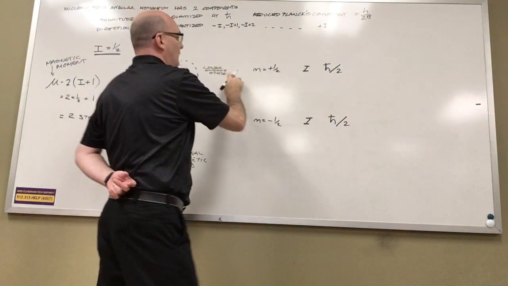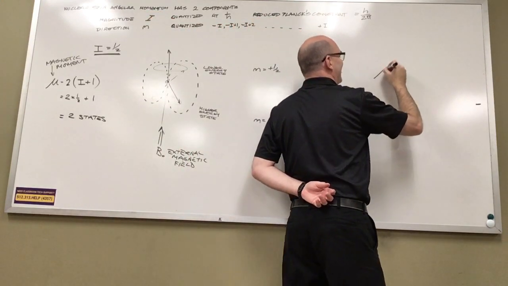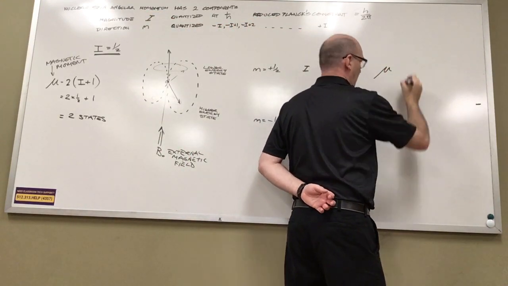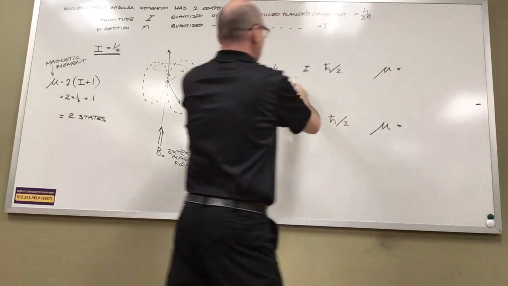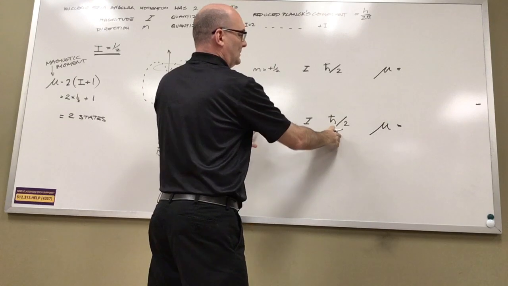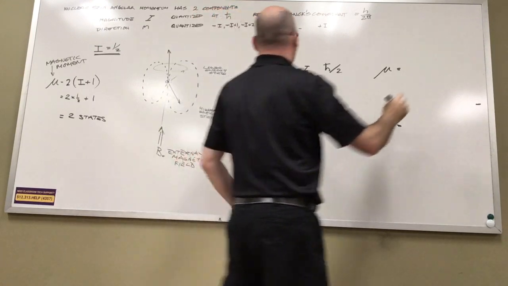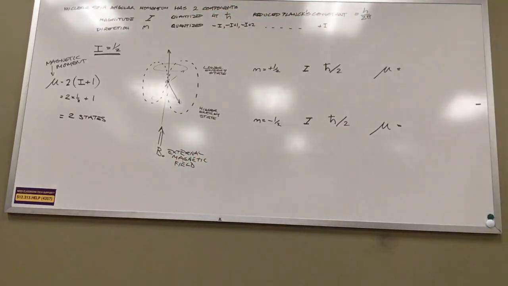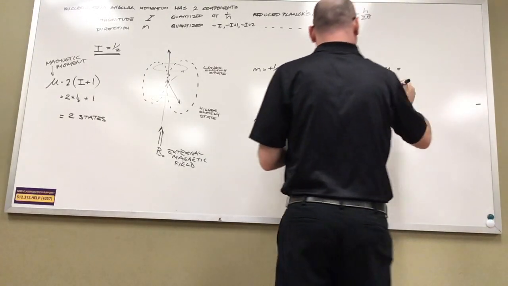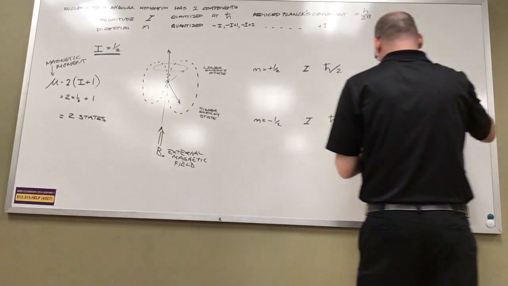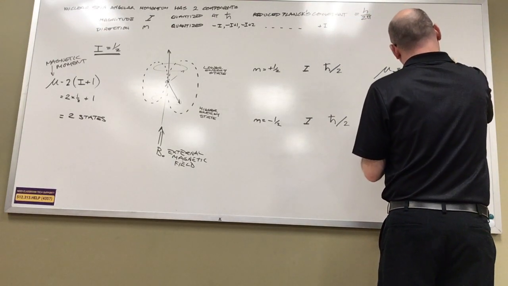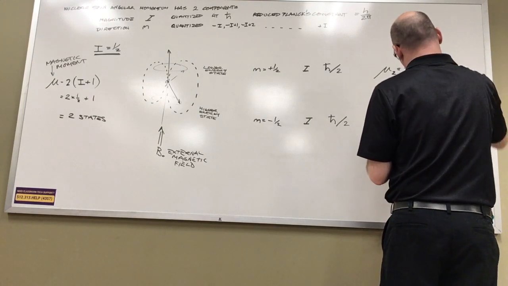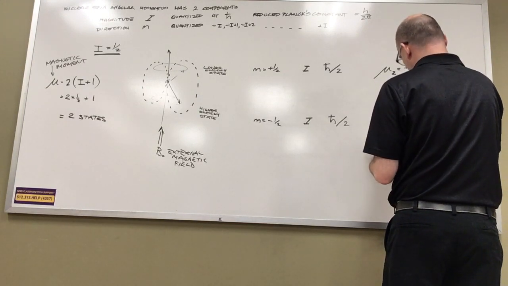The value of that magnetic moment is these two things tied together, the product of those two. So I get plus a half. Oh, he's got the magnetogyric ratio in this description. I can write that in. Okay.